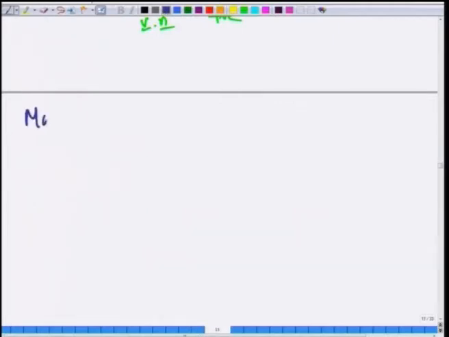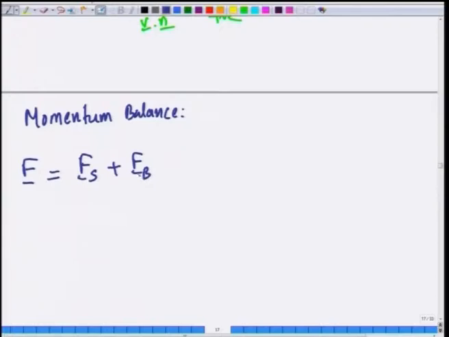Then we went to the momentum balance, the integral balance of momentum, which is essentially a restatement of Newton's second law for a macroscopic chunk of mass points. Upon applying the Reynolds transport theorem, the sum of all forces acting on the control volume, we said that there are two types of forces: those that act only along the surface, the so-called surface forces, and the force that acts on the entire volume of the body, which is called the body force.